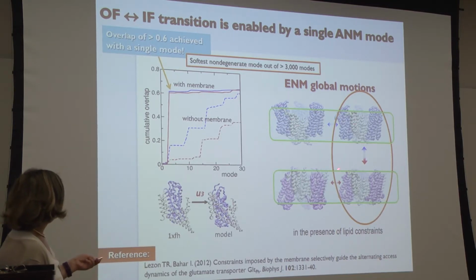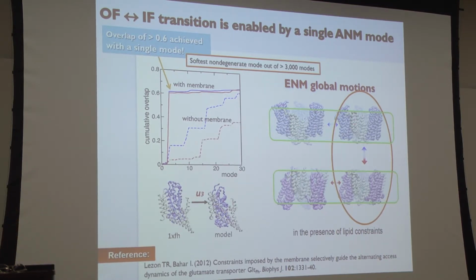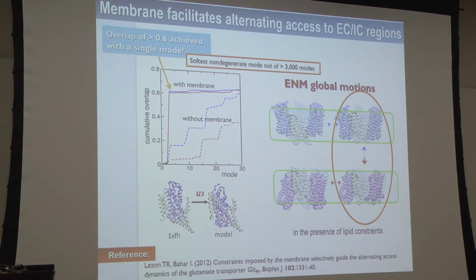And it provides a good description of what is happening, which I'm going to illustrate with the help of a movie. So we came to the conclusion that the membrane is actually assisting the protein in taking this type of movements. This is not the property, the character of the protein alone, but the protein embedded in the membrane, which is moving now in concert with the membrane.